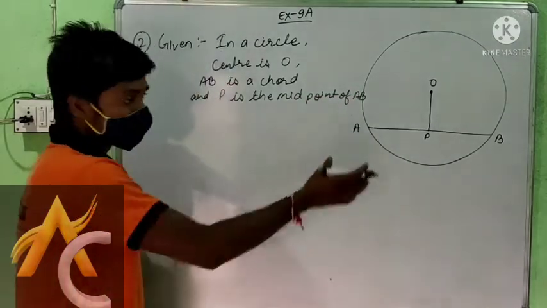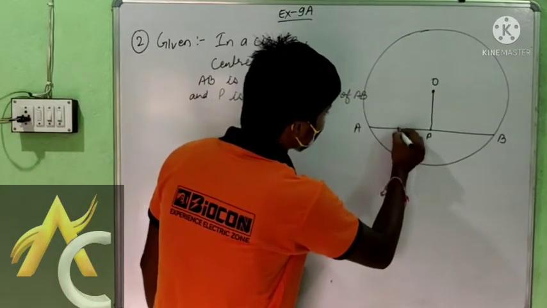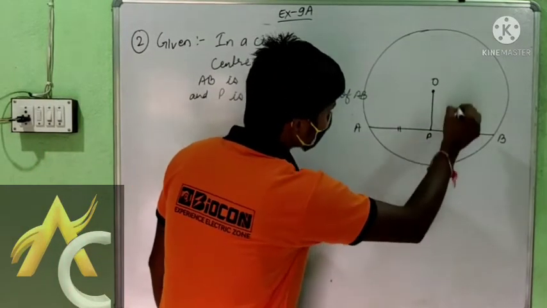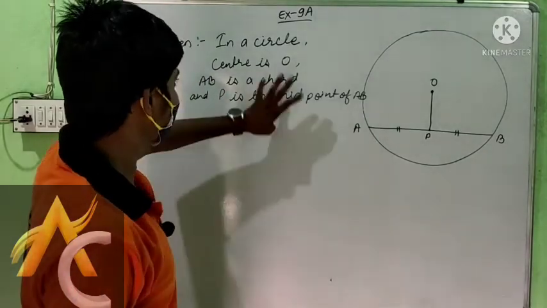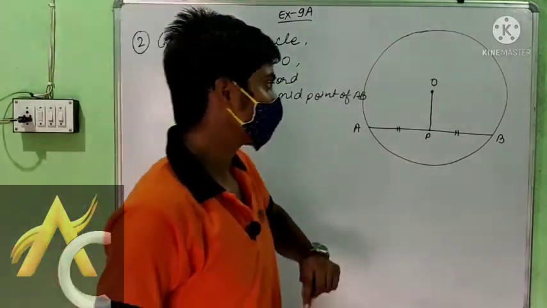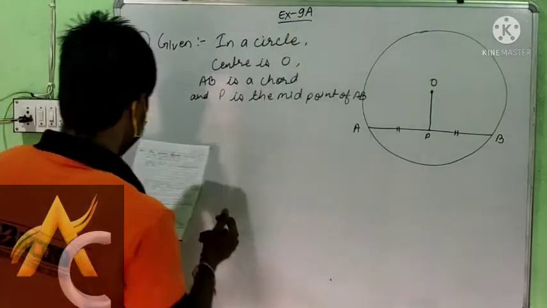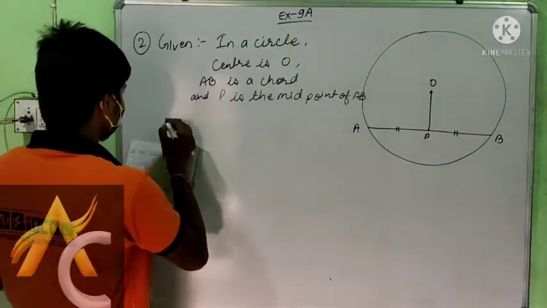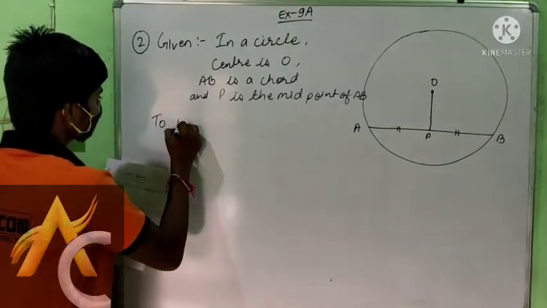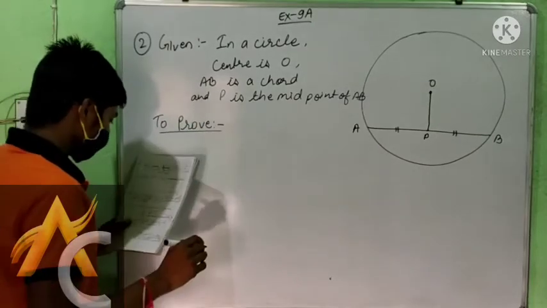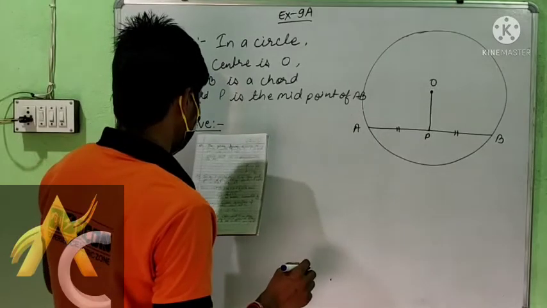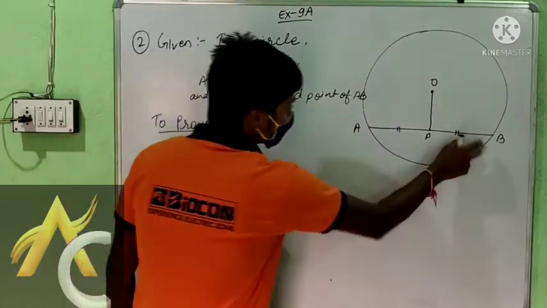Since P is the midpoint of AB, that means AP will be equal to PB. This information is given in the question and we have to prove that OP is perpendicular to AB.